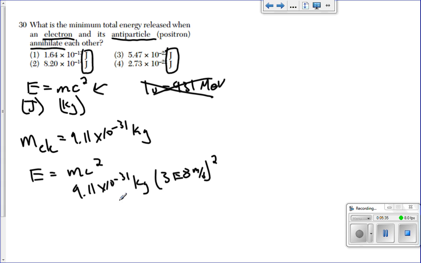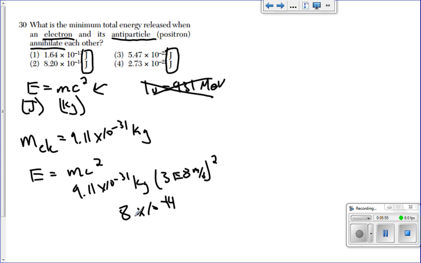All right, and I'm not sure what this gets. Oh, I think this is roughly 8 times 10 to the negative 14th. All right, but the trick here is you have two particles. Each particle has the same mass.